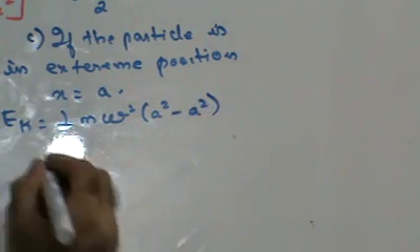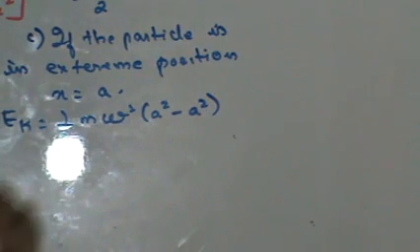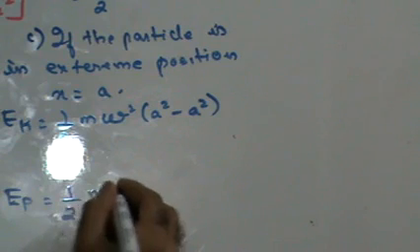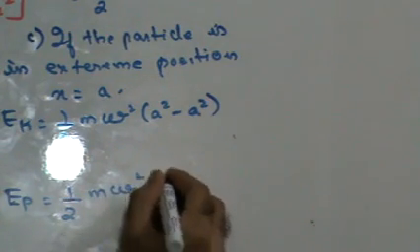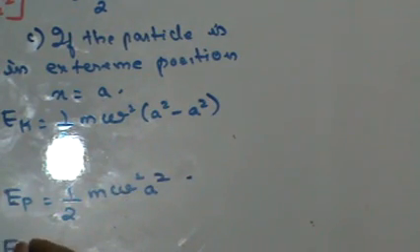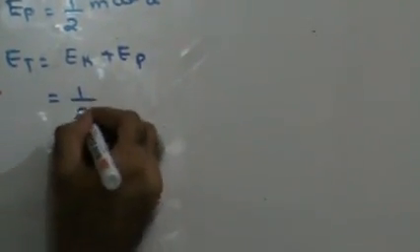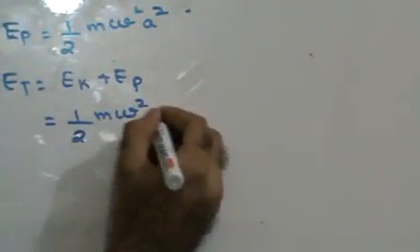So this will be a square minus a square, that will be 0. The potential energy of the particle is half m omega square x square, that is going to be a square. Total energy of the particle is the sum of the kinetic energy and potential energy, which will come up to half m omega square a square.